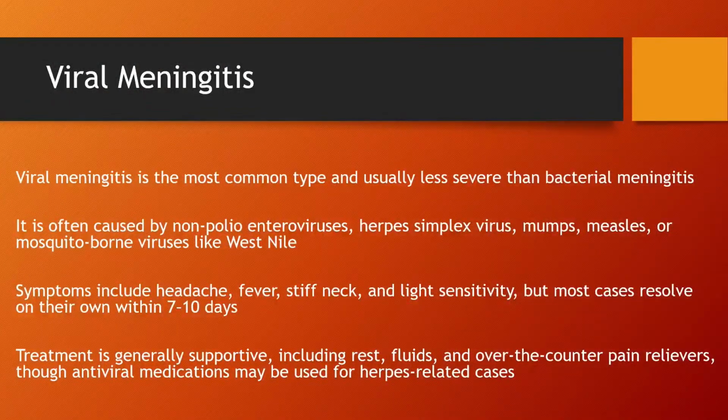So apart from bacterial meningitis, we have viral meningitis. Viral meningitis is the most common type and usually less severe than bacterial meningitis. It is often caused by non-polio enteroviruses, herpes simplex virus, mumps, measles, or mosquito-borne viruses like West Nile.